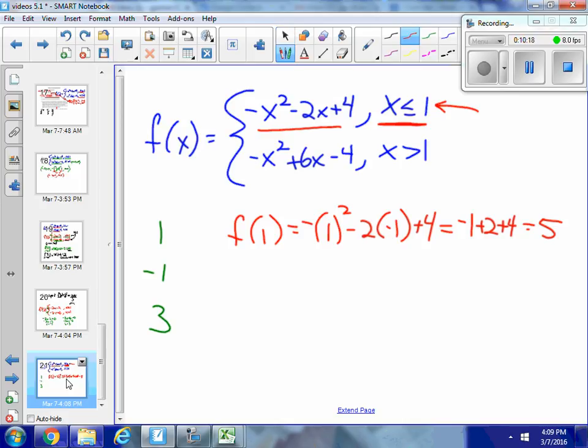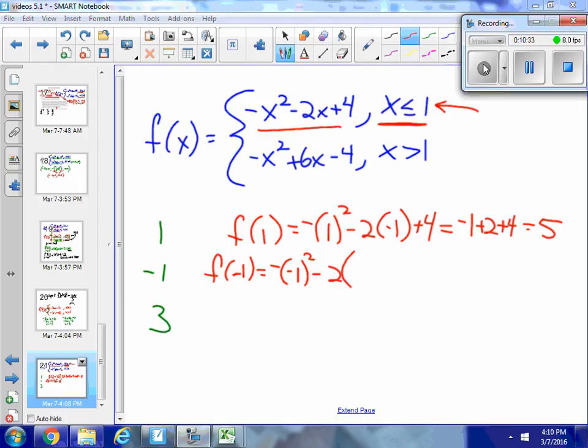At negative 1, so what is f of negative 1? Well, that would be negative 1 squared minus 2. Okay, I just saw I made a mistake. Top part, 1 squared. This would be 2 times just 1, positive 1, plus 4.